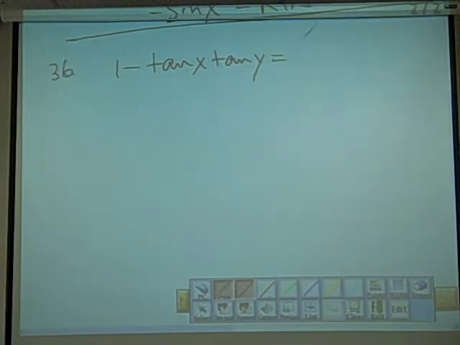And we want to prove that equals cosine x plus y over, in parentheses, quantity x plus y, cosine x cosine y.